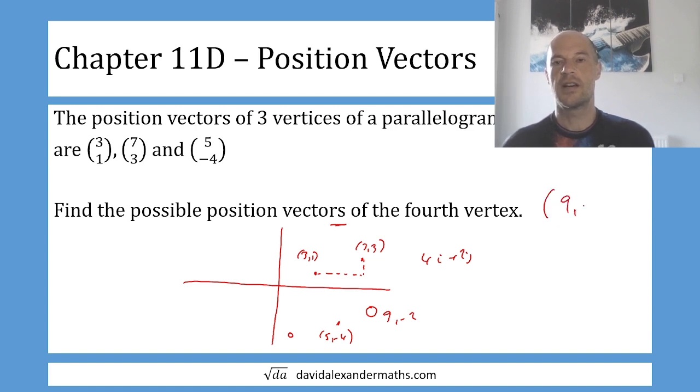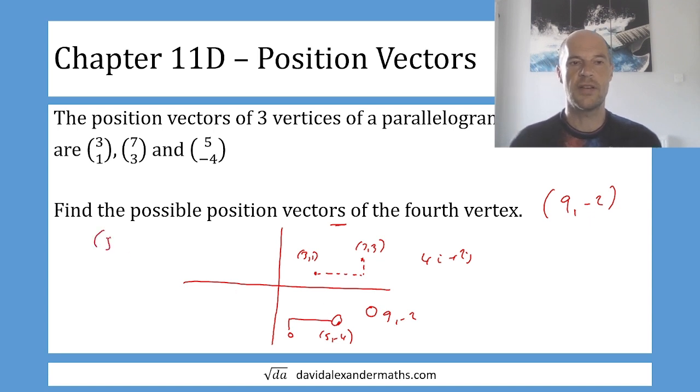So 9, minus 2. Now we know that to go from here to here, we're just adding 4 and adding 2. So if we're here and going backwards in that direction, then we'd be subtracting 4 from the first coordinate and subtracting 2 from the second. So to go from here down to here, I need to do the same thing.